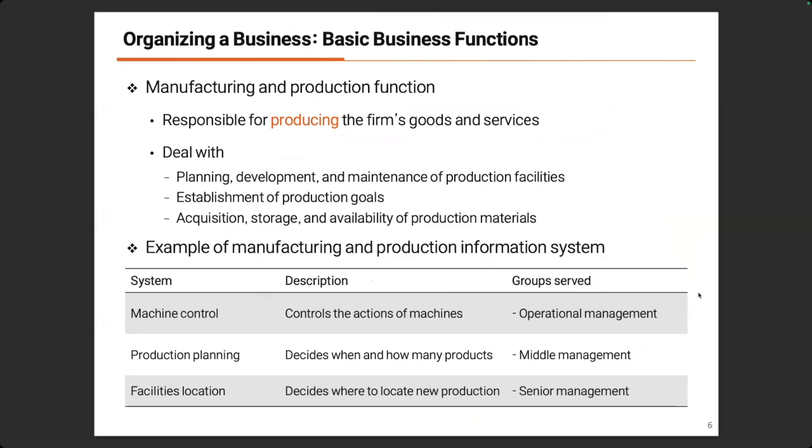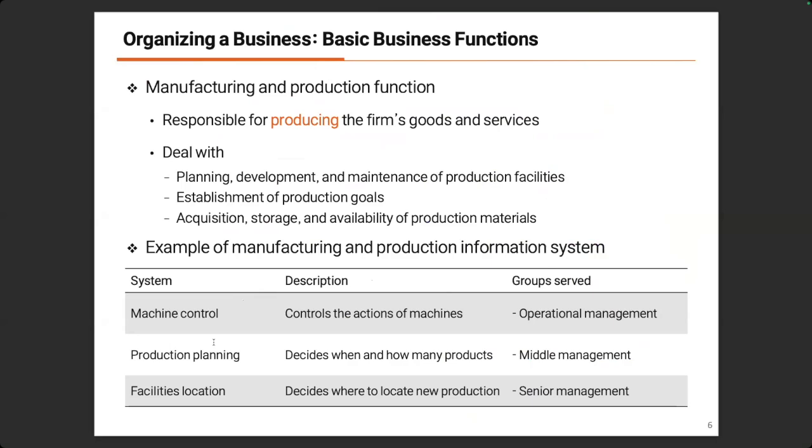The operational management uses this kind of system to check the status of production tasks. And the production planning system decides when and how many products must be produced, and this kind of information system is used by the middle management to analyze and monitor costs and resources for manufacturing and production.